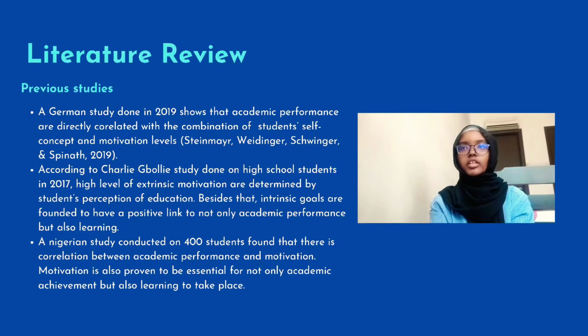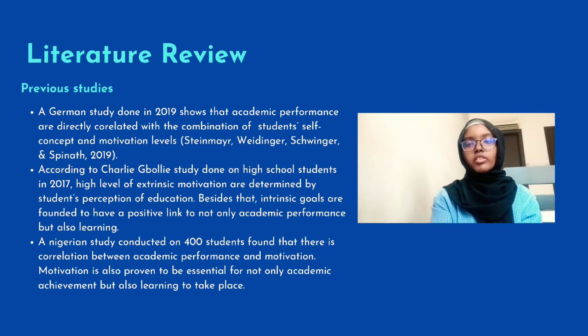It also shows that intrinsic goals are found to have a positive link not only to academic performance but also to learning. A Nigerian study conducted on 400 students found that there is a correlation between academic performance and motivation. It's also proven that motivation is not only essential for academic achievement but also for learning to take place.